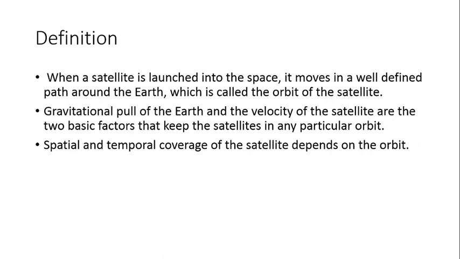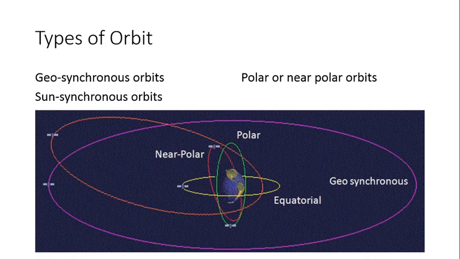Based on this, there are basically three types of orbits. The first one is geosynchronous orbit, or we can also say geostationary orbit. The second one is sun synchronous orbit, and the third one is polar or near polar orbit. Sun synchronous orbit is a special case of polar orbit.